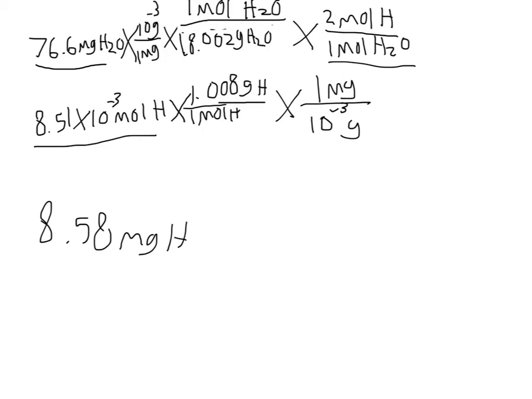I'm going to save this moles of H because I'll need it later. I used my moles of H to find the milligrams of H. So now I know the milligrams of H and N, and that will help me find the milligrams of carbon that's left in the compound.